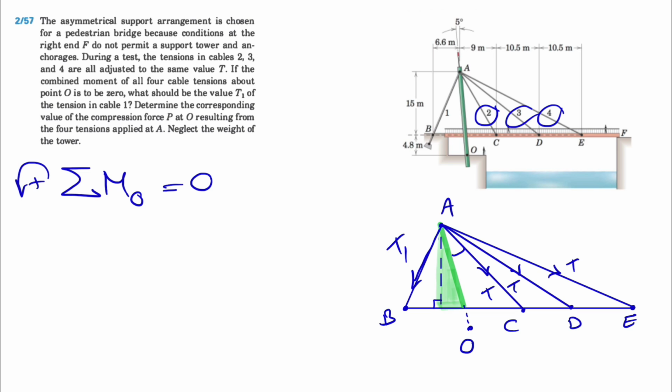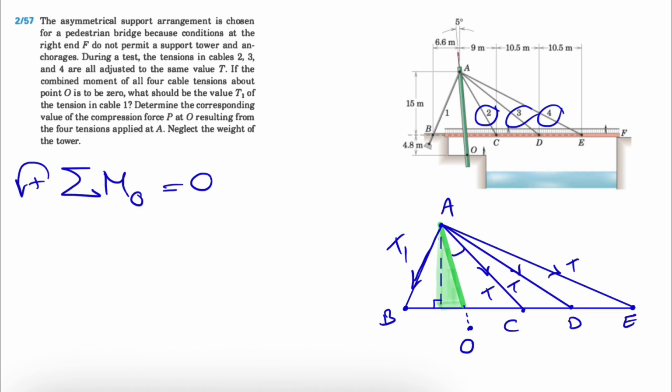Let's go with T2. This will be the parallel component, this will be the perpendicular component, and only the perpendicular components make moment about O. So as long as we have the angle of each of these cables with OA, we are good to go to find the moment.